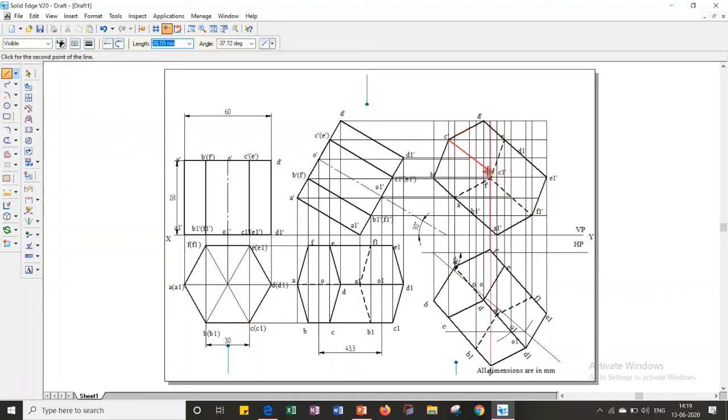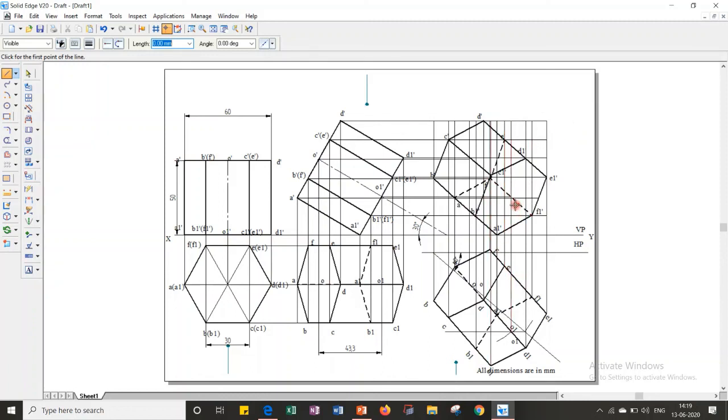So C to C1 is a continuous line, B1 to C1 continuous, and lastly C1 to D1 you will have a continuous line.